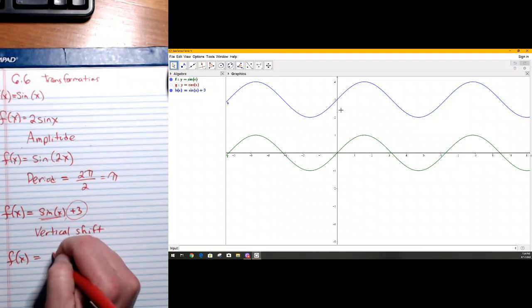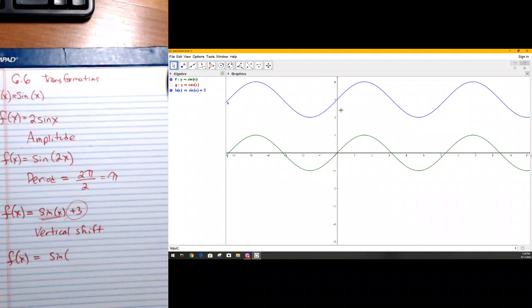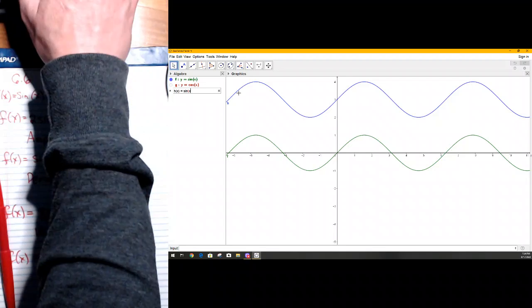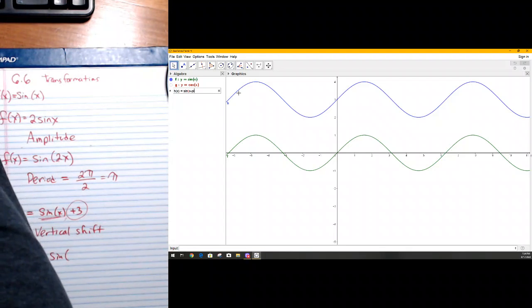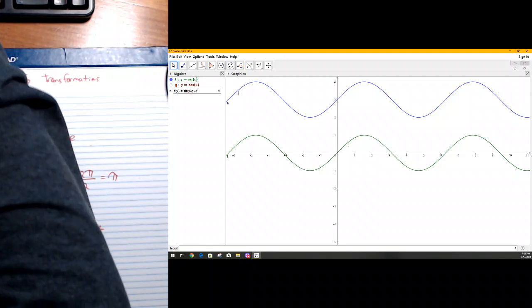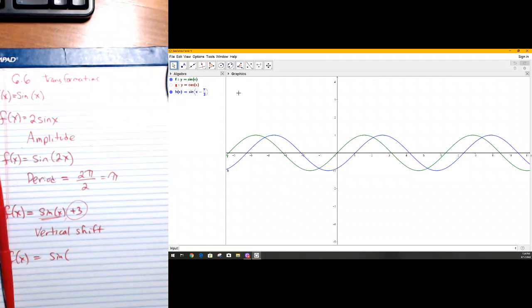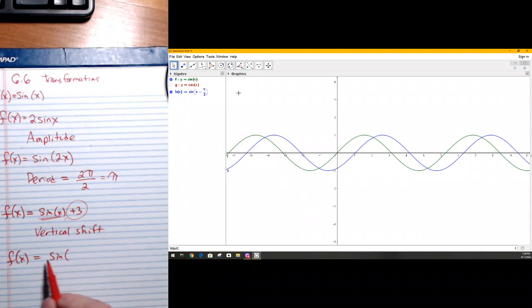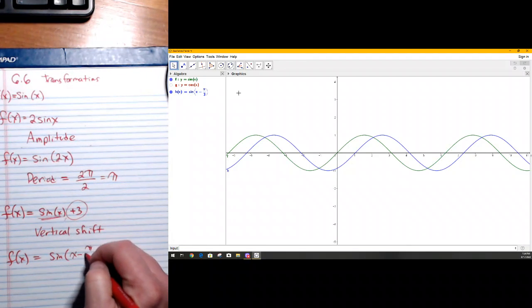Now the last one we're going to look at is something called a phase shift. Now a phase shift moves the graph horizontally. Here in this case I did x minus pi over 3.